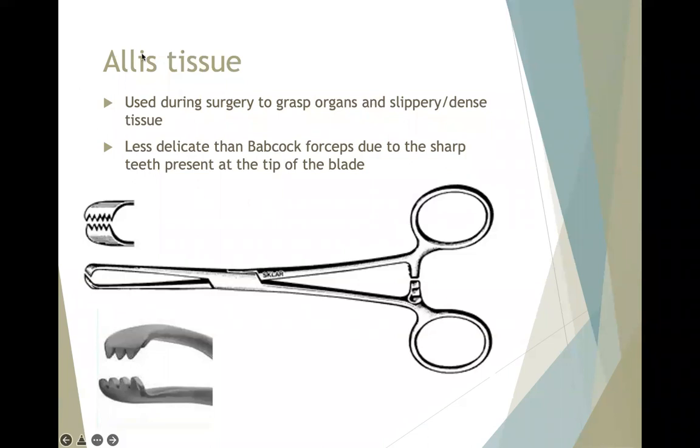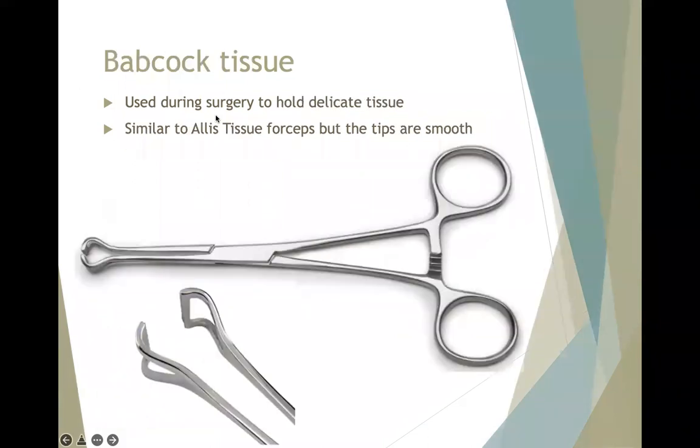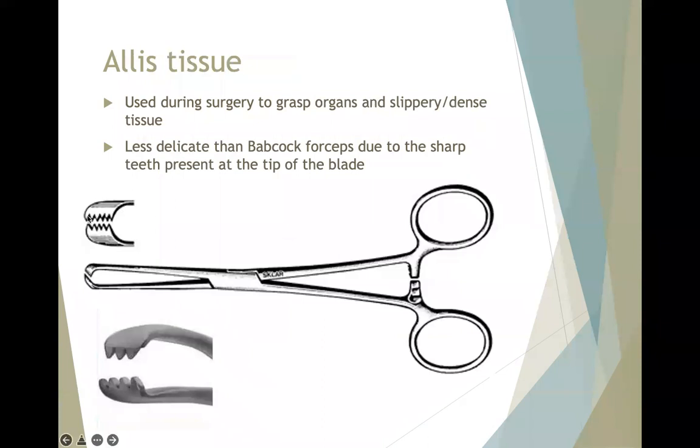Now, the difference between our Allis tissue forceps and the next one we'll talk about, the Babcock, is we're looking at the jaw. We're going to look at the end of the instrument here. Now, it comes together and it has a jaw that almost looks like little teeth on both ends of the jaw. Now, this is a tool that we can use on really hardy, again, thick or dense tissue.